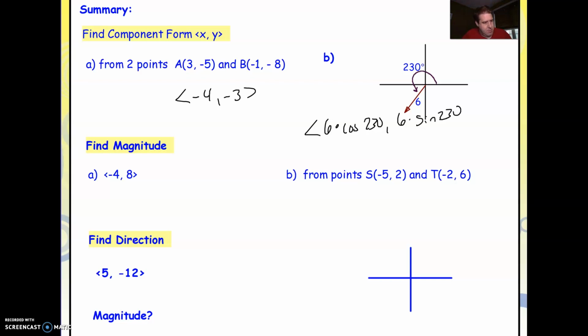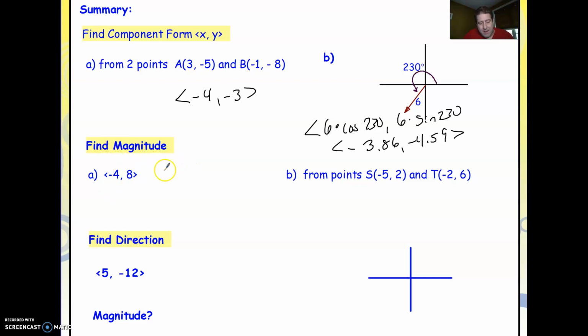Let's see, that becomes 6 times cosine of 230, negative 3.86, comma, 6 times sine of 230, which is negative 4.59. Now, that makes sense because that coordinate would be in the third quadrant, so I'm going to accept that as the right answer.